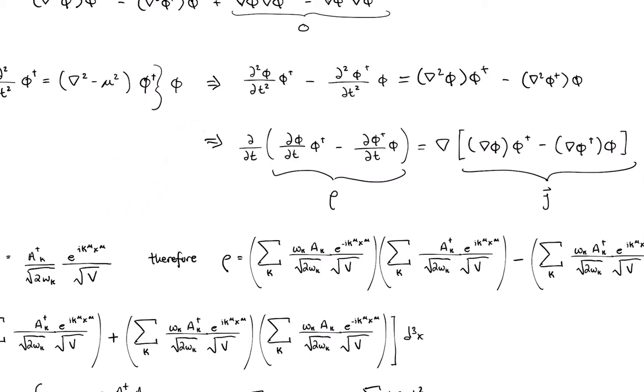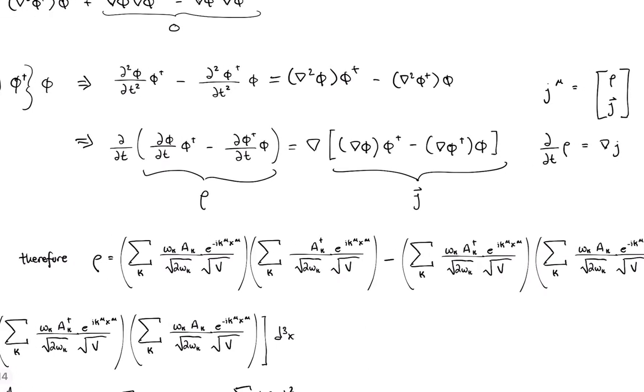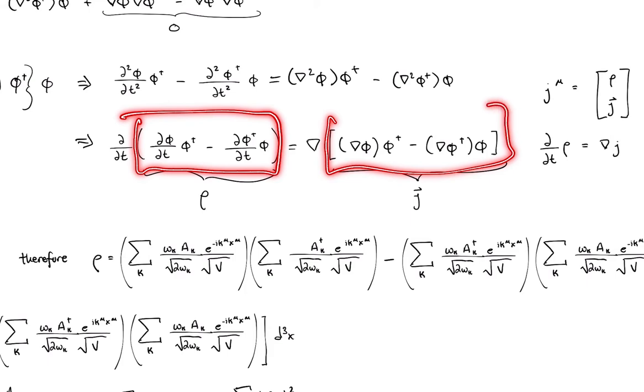So this here is a density. The rate of change with respect to time of the density should be equal to the rate of change of space with respect to current, things flowing out of that sphere. So this here we can call a density, and this here we can call a current.